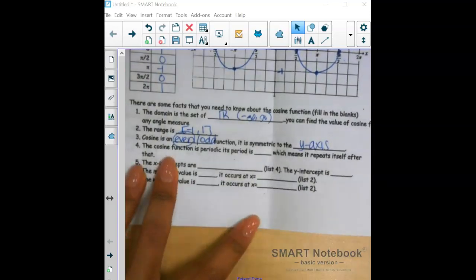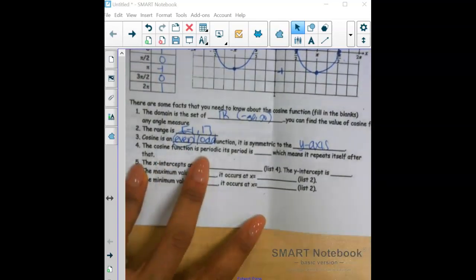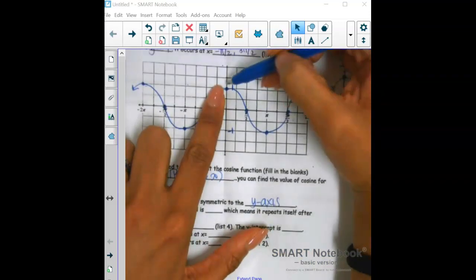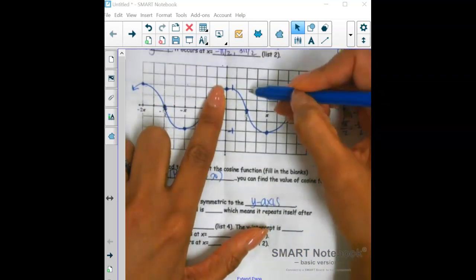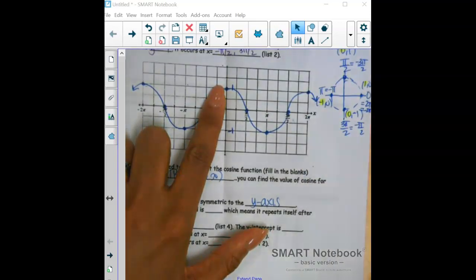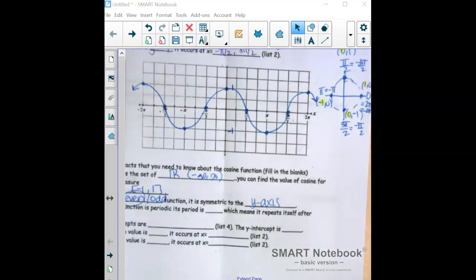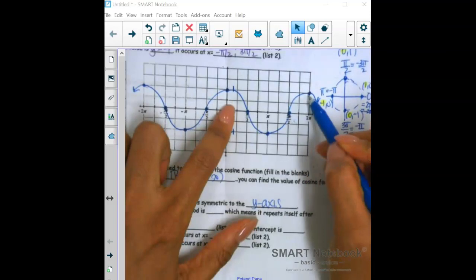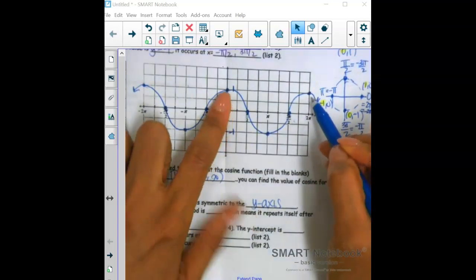So in order for it to have your period, which is when it starts to repeat itself after a certain time, we're going to look at each piece individually. So from 0 to pi over 2, it has that curve going down. From pi over 2 to pi, it should have that same curve going down. It doesn't do that. As you go along here, what is one full period going to be? 2 pi. After 2 pi, that little curve down here going down means that this whole curve is going to start again.